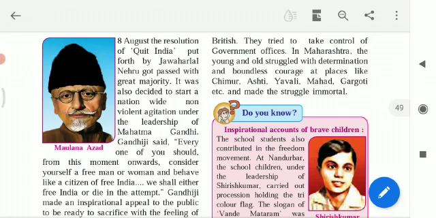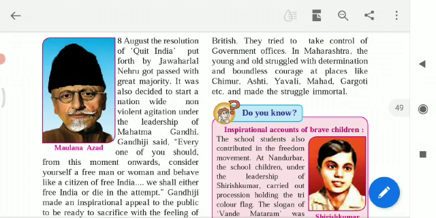The Quit India resolution moved by Pandit Nehru was passed on 8th August with an overwhelming majority. Congress decided to launch a nationwide non-violent movement under the leadership of Mahatma Gandhi.